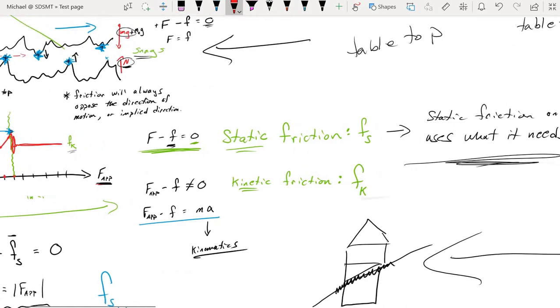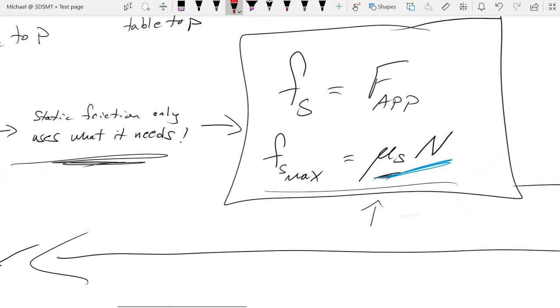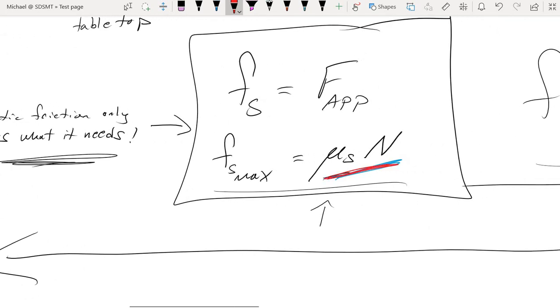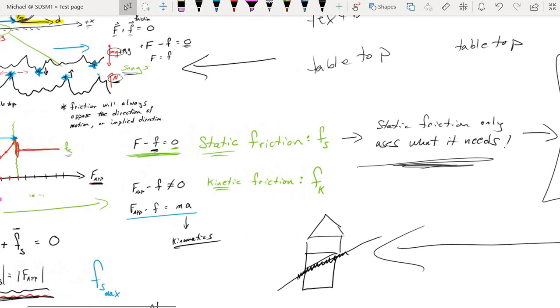Well, that static coefficient is only used with respect to the maximum static friction.